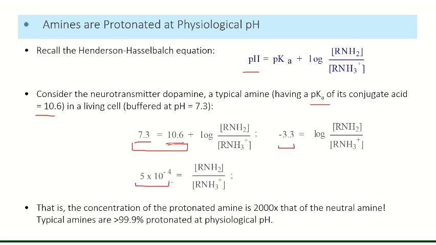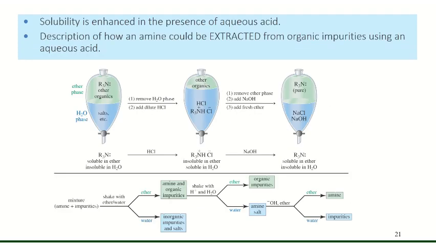If you invert that, you realize the ratio of the conjugate acid over the conjugate base is about 2,000 times that of the neutral amine. So amines are greater than 99.9% protonated at physiological pH.